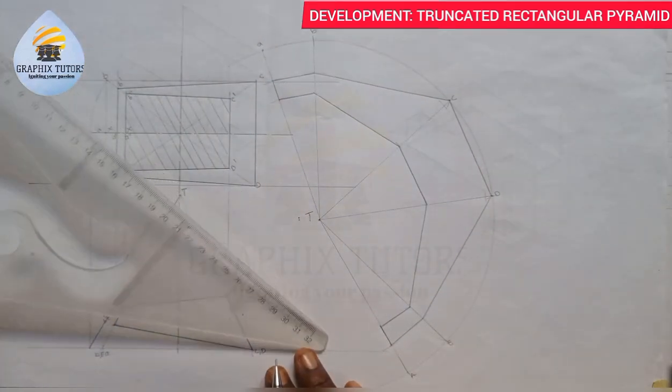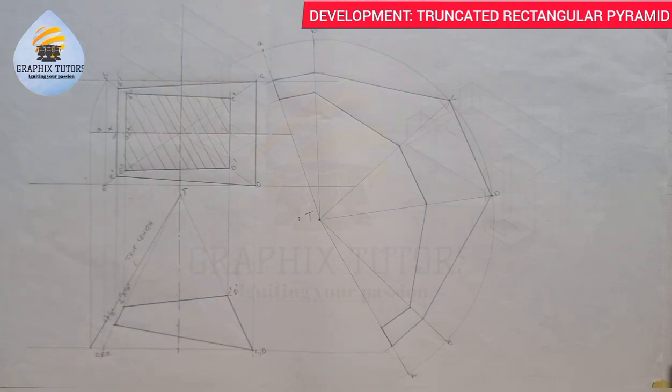Can you see that? So this is what we are going to be having.